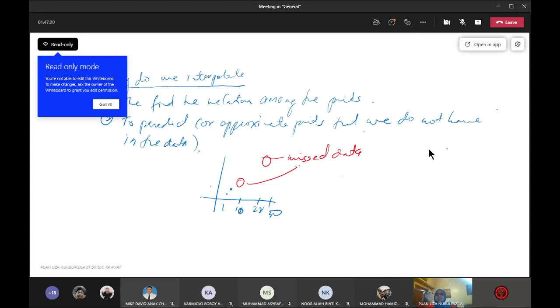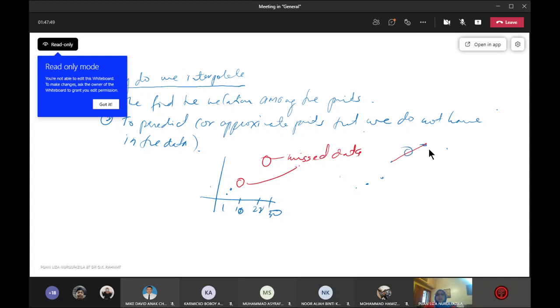It's data that you interpolated. It's okay. People do that most of the time. So katalah kita ada titik data sini, and then suddenly kat sini tak ada. Then what they do? They sambung je ni. These 2 points, dia predict lah this data.